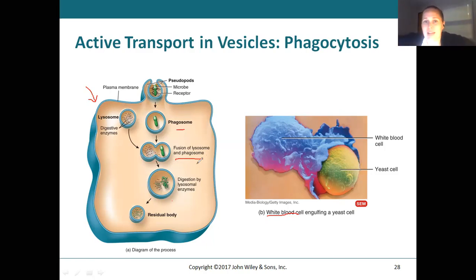It's a way that cells eat objects. If you ever watch a video of it, it's actually pretty cool to watch a single-celled organism really just Pac-Man this other thing and then consume it, bring it into its own body, and then degrade it. This is a very popular way for single-celled organisms to consume things, but we do utilize it via white blood cells if it identifies a foreign body.